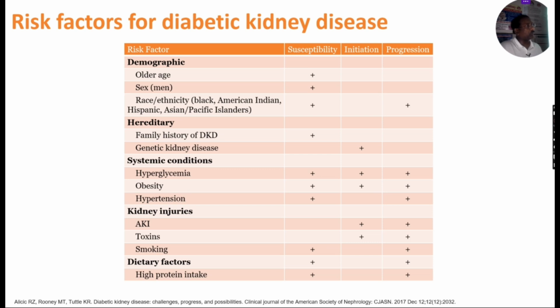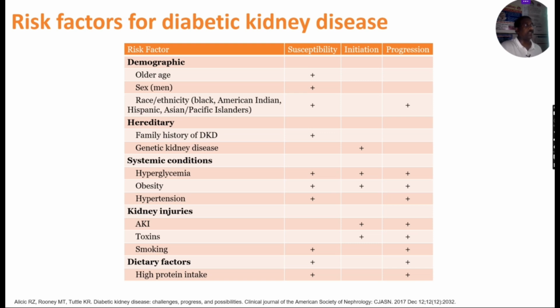On one hand, we are a more obese population. On the other hand, we also have a malnourished population. And kidney injuries, AKI, toxins and smoking are very common in our rural India, taking the toxins. And the dietary factor, you can exclude that. So these are very, very important.